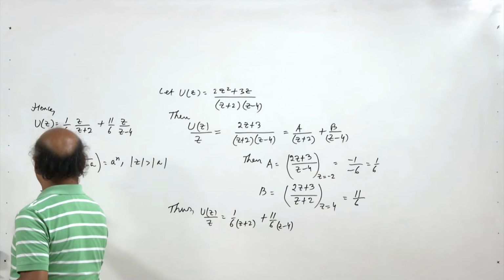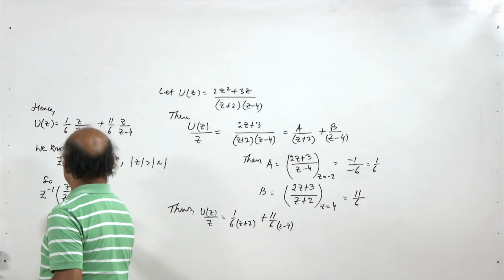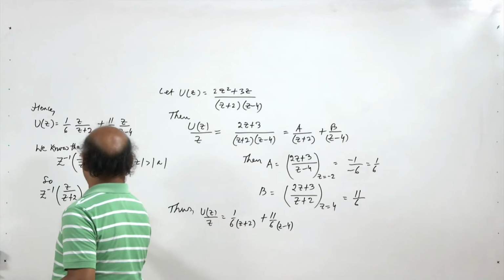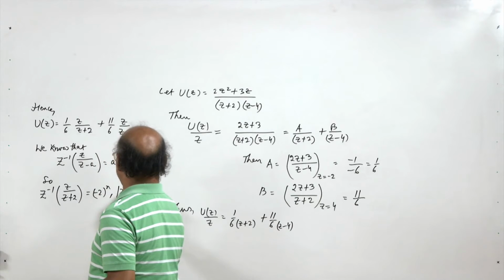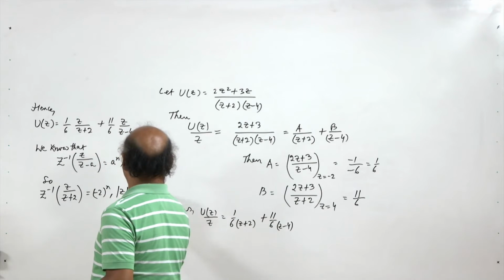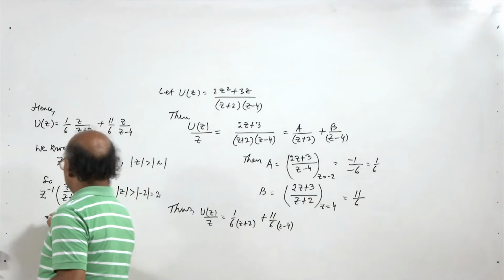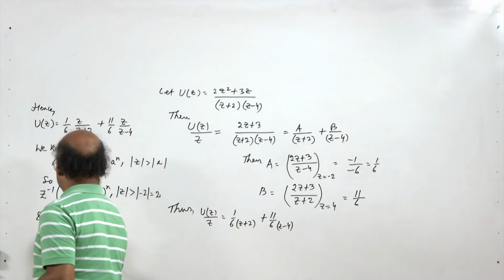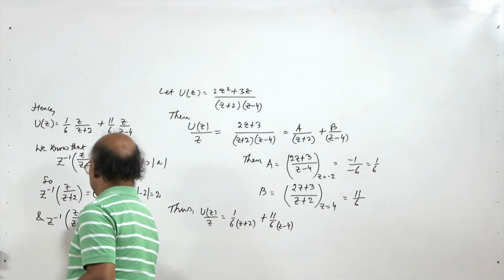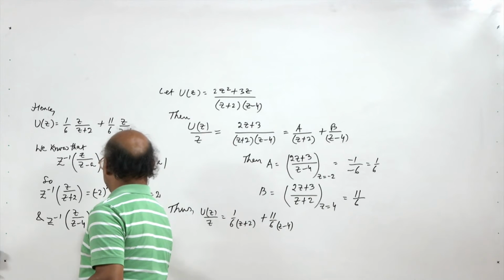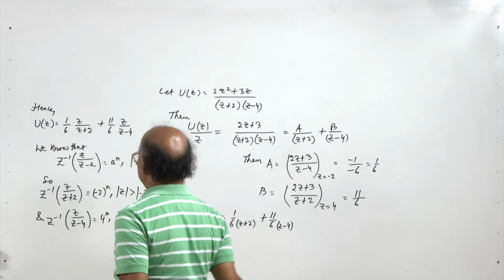So, Z inverse of z over z plus 2 will be equal to minus 2 to the power n, provided mod of z is greater than mod of minus 2, which is 2. And similarly, Z inverse of z over z minus 4 will be equal to 4 to the power n, provided mod of z is greater than 4.